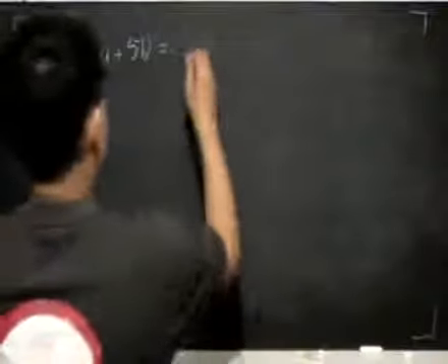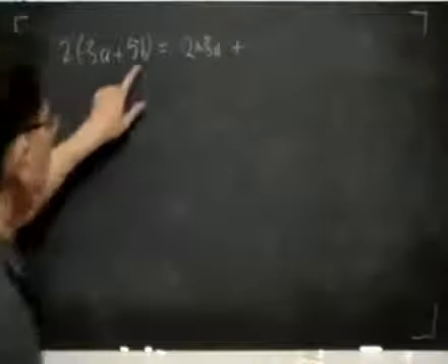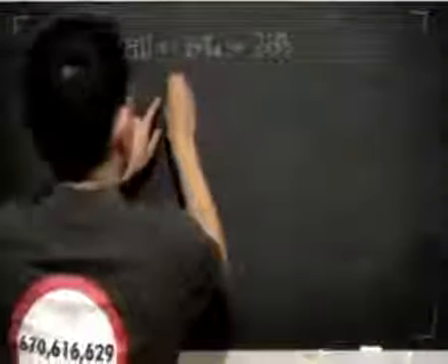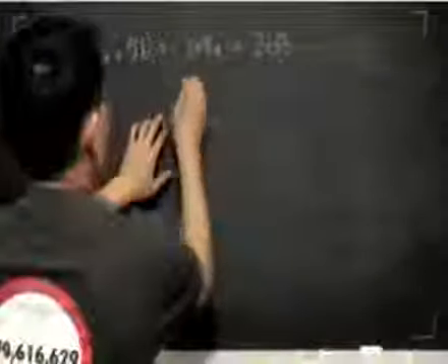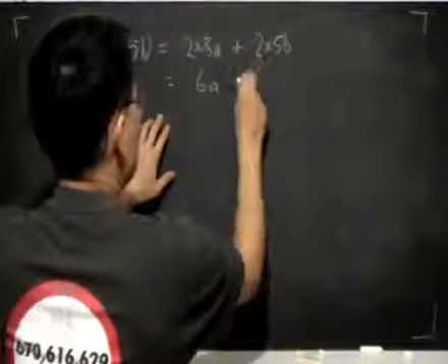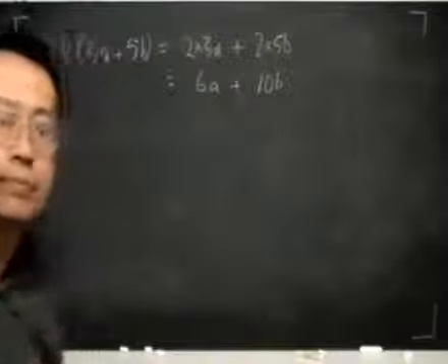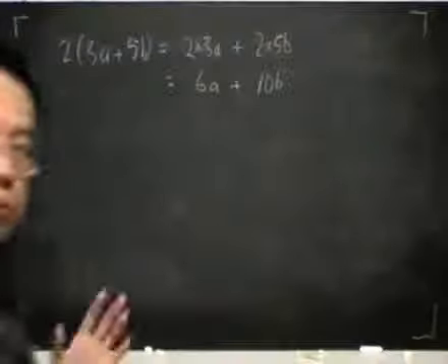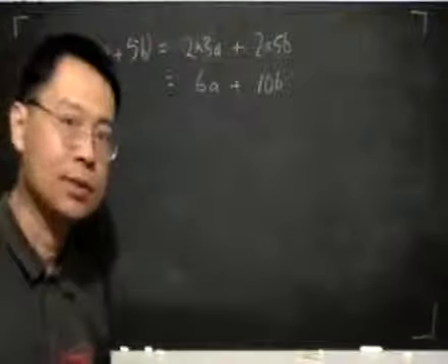Let me write that down: 2 times 3a plus, and the next term is 2 times 5b. So I can simplify that. 2 times 3 is 6. 2 times 5 is 10. 6a plus 10b. So I have just removed the brackets. Okay, let's continue.